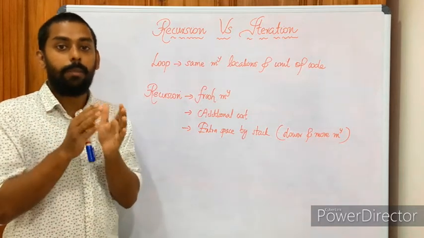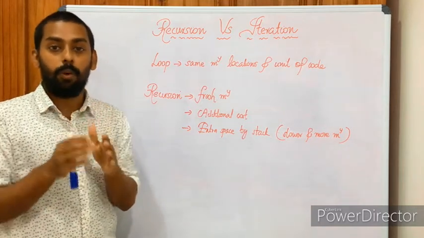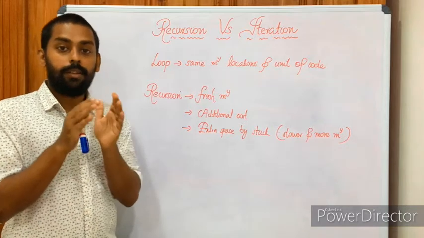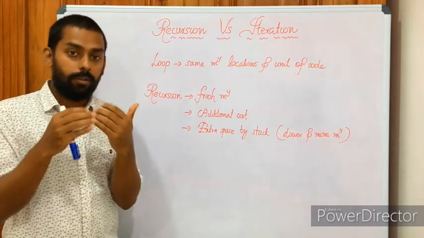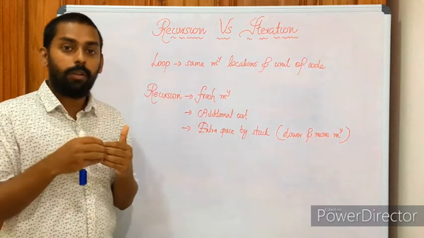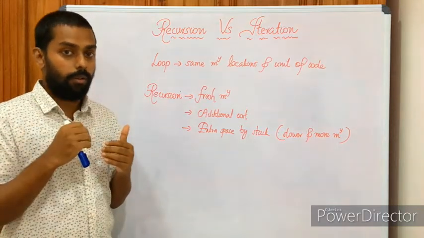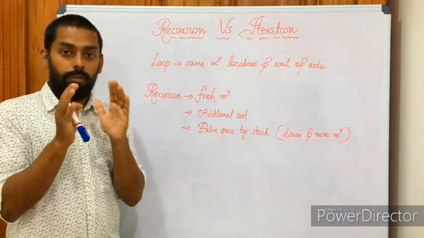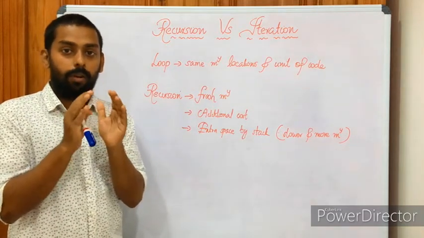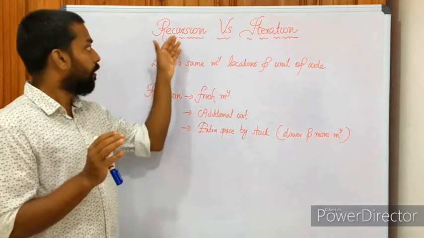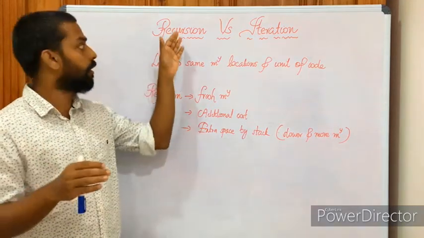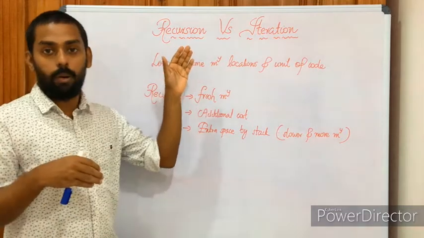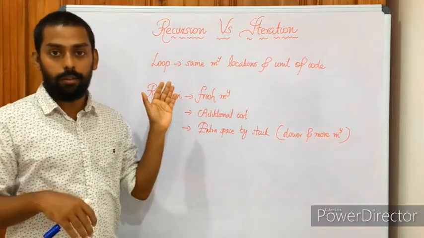Iteration uses the same memory locations and same unit of code, but recursion allocates fresh memory to each recursive call. A problem which can be solved using recursion can also be solved using iteration and vice versa.